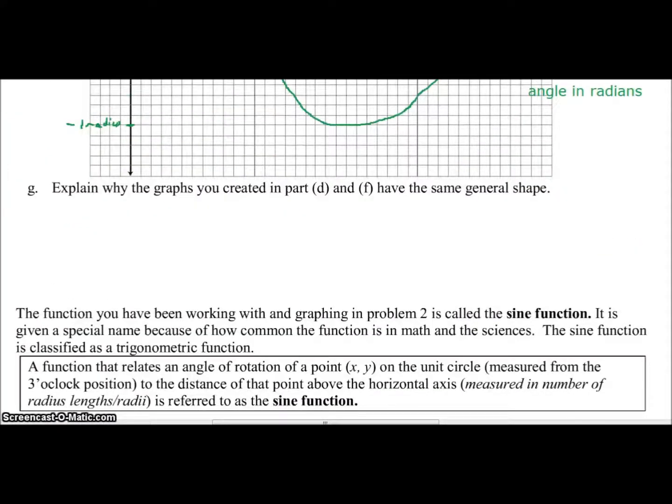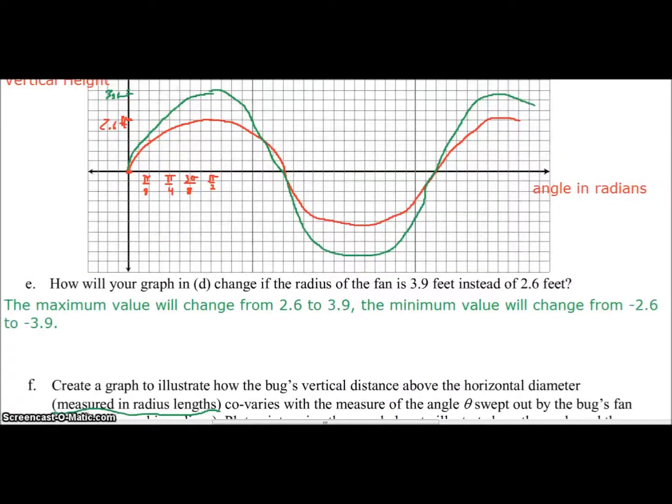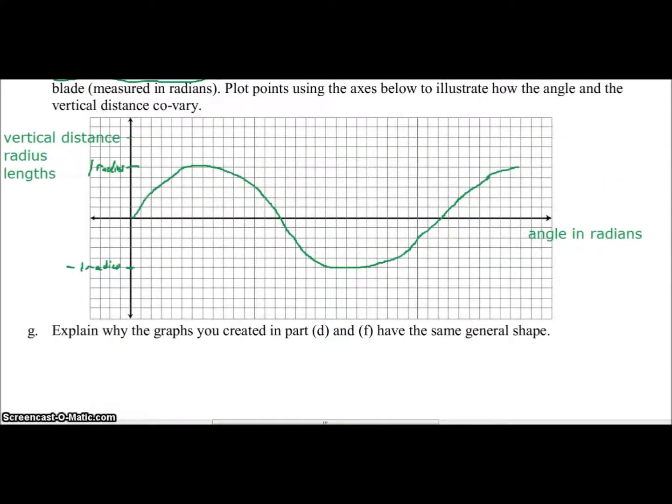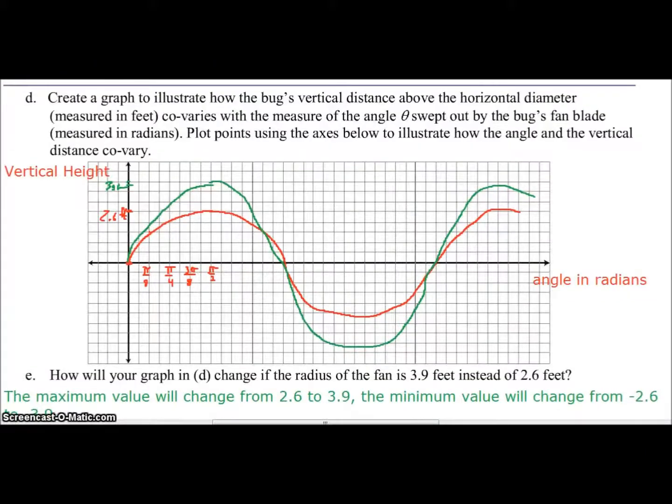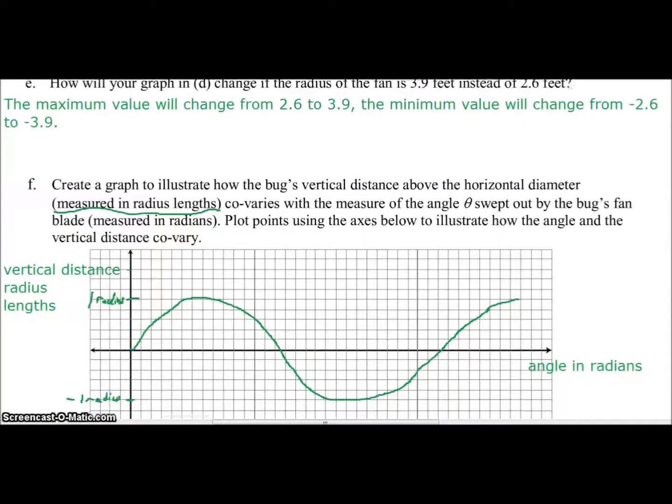Explain why the graphs you created in part D and F have the same general shape. Essentially, we have the same quantities for each axis. The horizontal axis is the angle in radians. The vertical axis is the vertical distance above the horizontal diameter. But we're just having different units. In this graph the units are feet. In this graph the units are radius lengths.